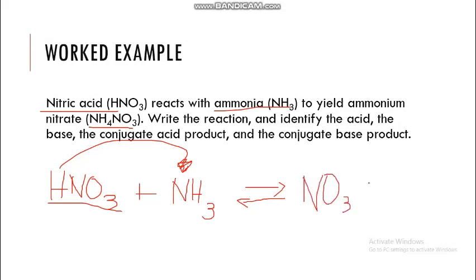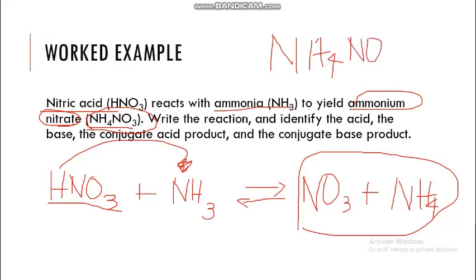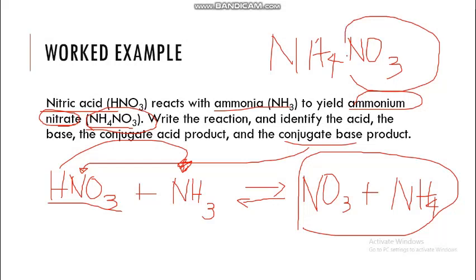So, magkakaroon tayo ng NO3 plus NH3, which is NH4. And when we add these two compounds, we would have ammonium nitrate. So that's NH4NO3. So in NH4NO3, our conjugate base of our acid is NO3.